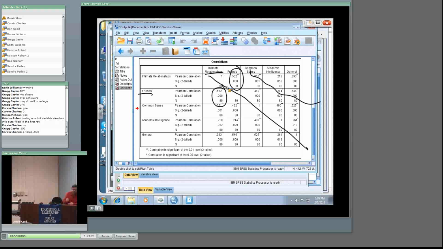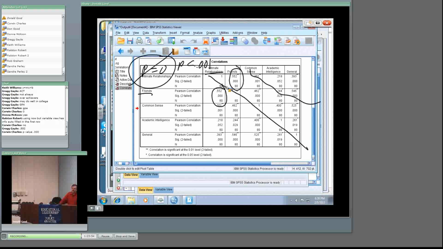Instead, what we say is that P is less than 0.001, or you can even say less than 0.01.